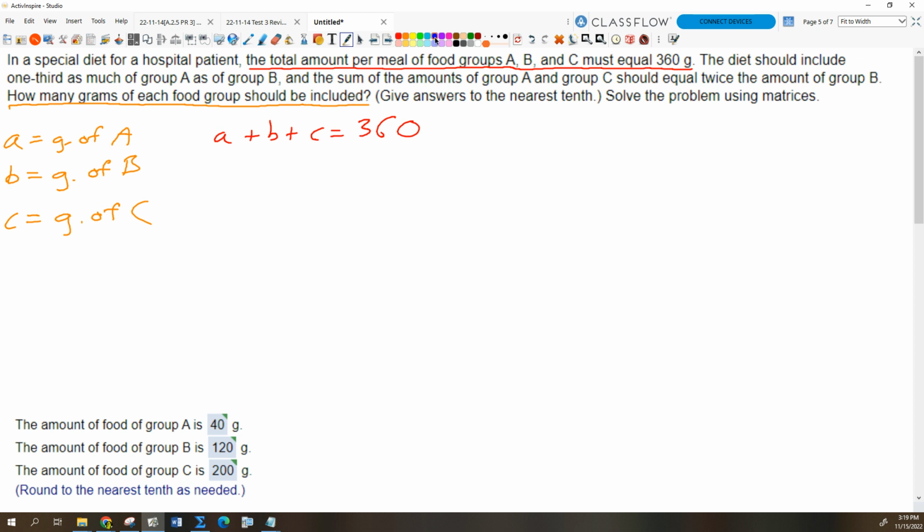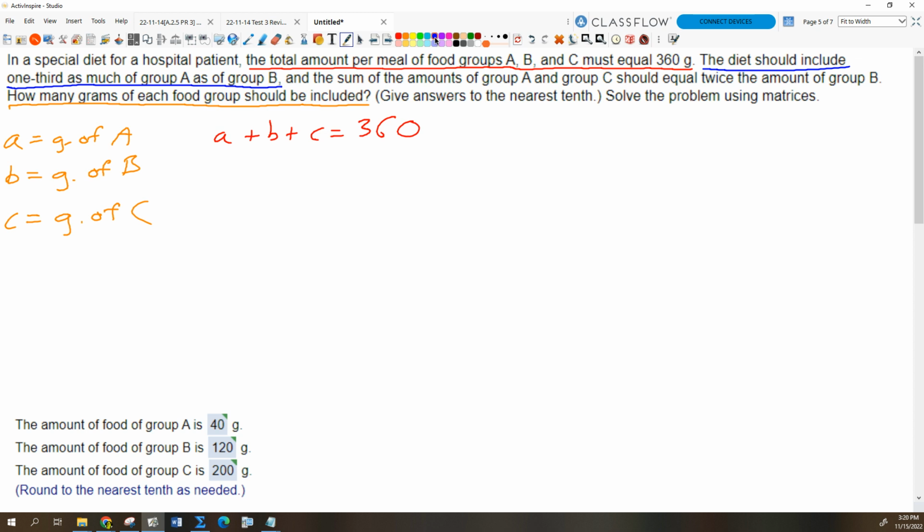Let's see. We know, here's some more information. The diet should include 1/3 as much of group A as of group B. That's tricky wording a little bit, isn't it? So which one's bigger, A or B? B is, isn't it? How much bigger is B than A?